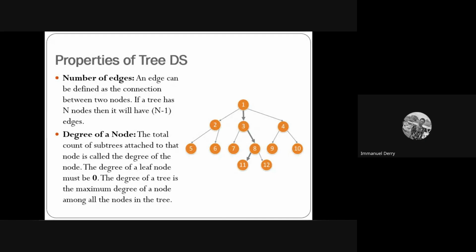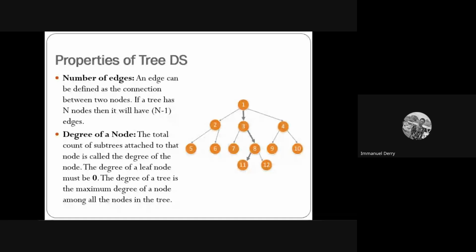All right. Please, any other question? Sir, on this note, the degree of node 2, we are saying it's 2? It's 2 because it has 2 subtrees under it. Okay, and then the degree of node 3, what will you say? Will you say it's 2 or it's 4?